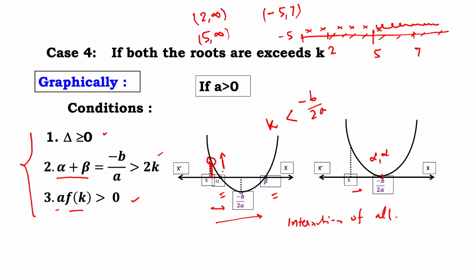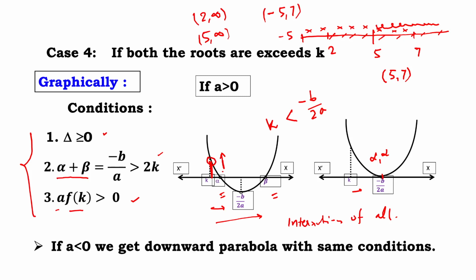Which portion is common to all three? So the answer is only 5 to 7. So remember, you have to take the intersection of all three, right? And this we have seen for a greater than 0. For a less than 0, only these three conditions 1, 2, 3 you have to apply, right?